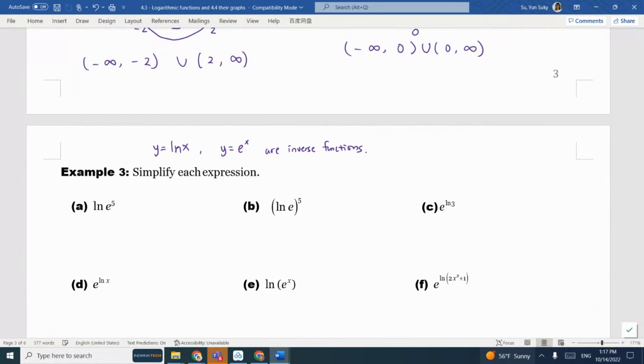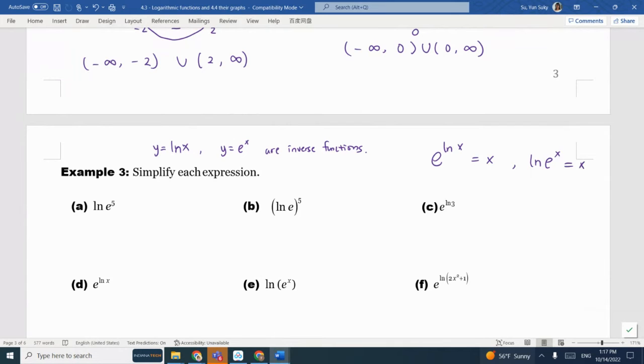That means e to the ln of x is x. E and ln cancel. And ln of e to the x is also x. Is that okay, everybody?